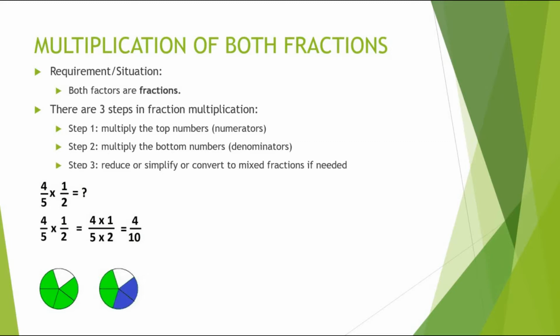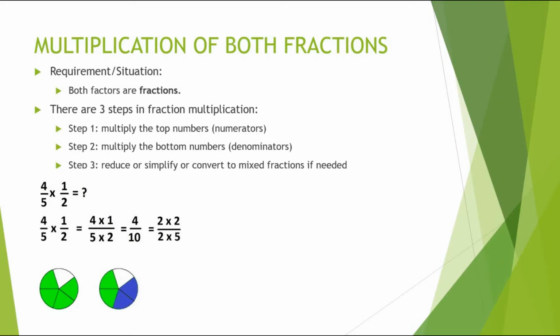Pero hindi pa siya tapos. We need to reduce or simplify or convert to mixed fractions if needed. Kapag nakalagay sa instruction ng mga exam nyo from your teachers is to reduce or simplify or convert to mixed fractions, we need to convert. So katulad ng dati, ano ba yung mga factors ng number 4? So it's actually 2 times 2.